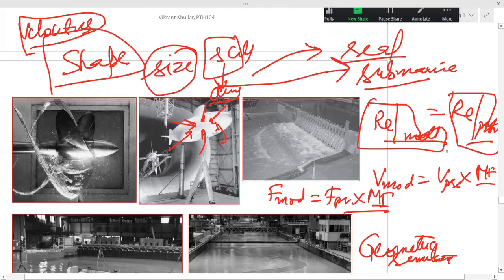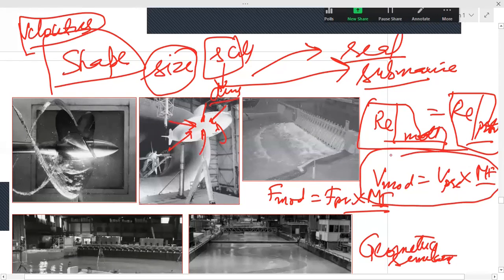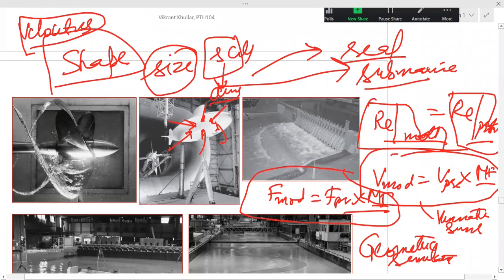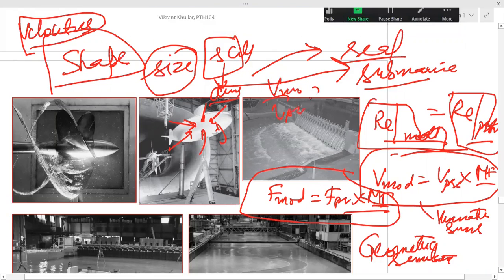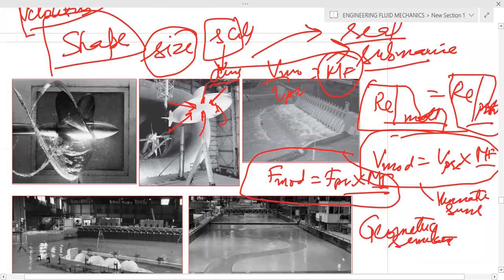When you try to maintain the kinematics, like velocity, acceleration, all that stuff, it is called kinematic similarity. ये जो एमएफ लिया हुआ है वो वेलोसिटी स्केल रेशियो है क्या? हाँ, मतलब बेसिकली V model upon V prototype एक फैक्टर आएगा, वो लेस देन 1 भी हो सकता है, ग्रेटर देन 1 भी हो सकता है, इक्वल टू 1 भी हो सकता है. And fourth thing is called dynamic similarity.